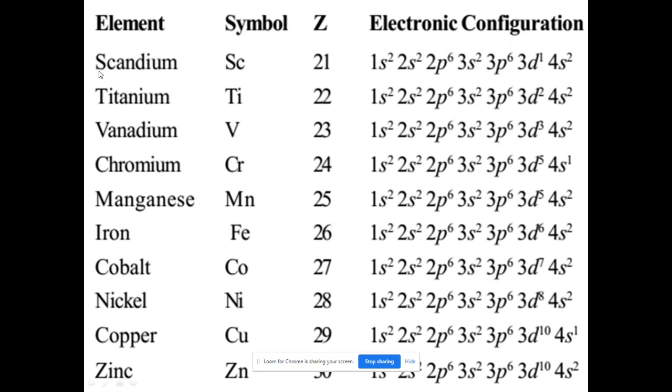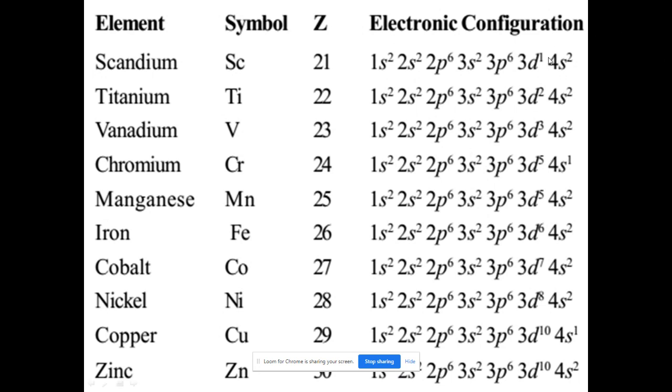The first element is scandium with the symbol Sc, atomic number 21, whose electronic configuration is 1s2, 2s2, 2p6, 3s2, 3p6, 3d1, 4s2. As we have already learned, those elements in which the d subshell is incompletely filled are known as d block elements.